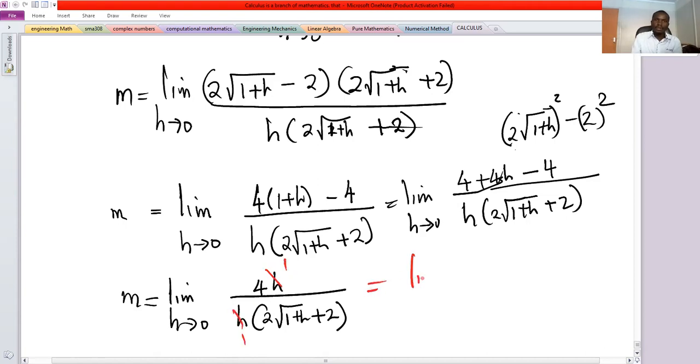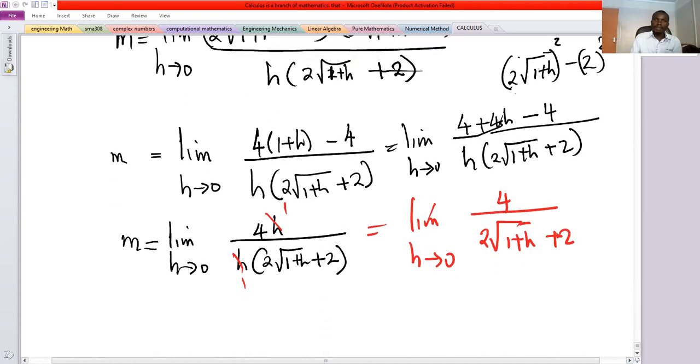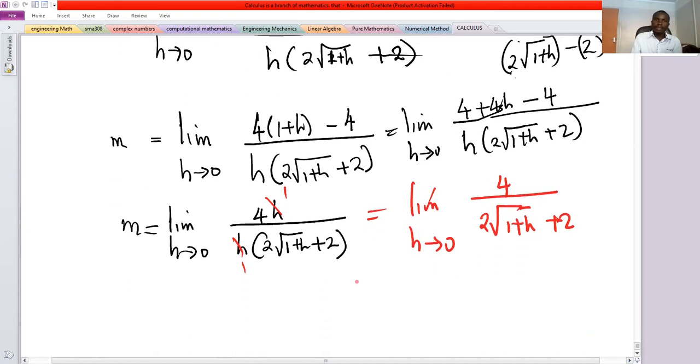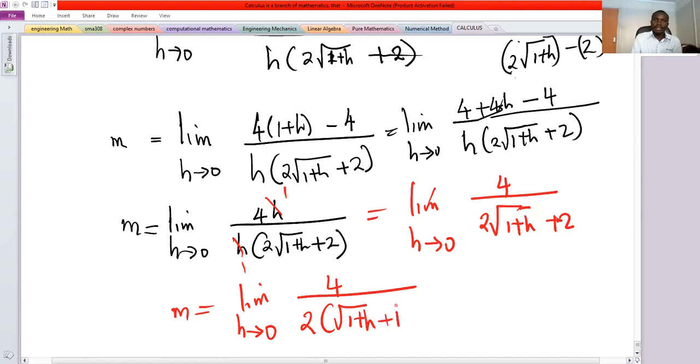So it will be limit as h approaches 0 of 4 over 2 root 1 plus h plus 2. And you see 2 is common in the denominator, so we can write this as m equals limit as h approaches 0, 4 over 2 into root 1 plus h plus 1.